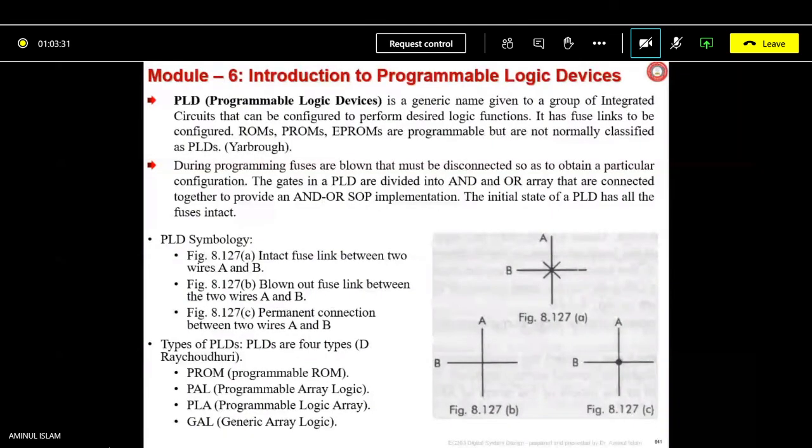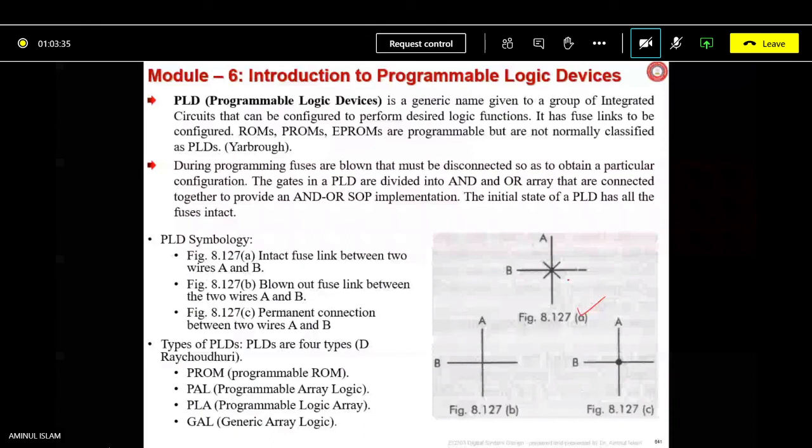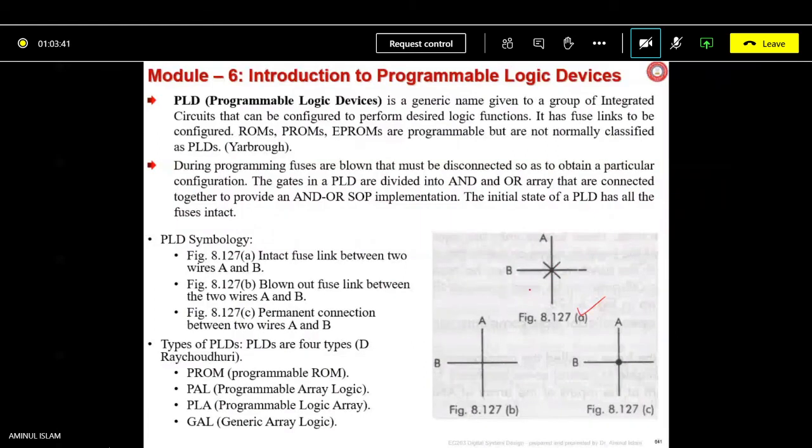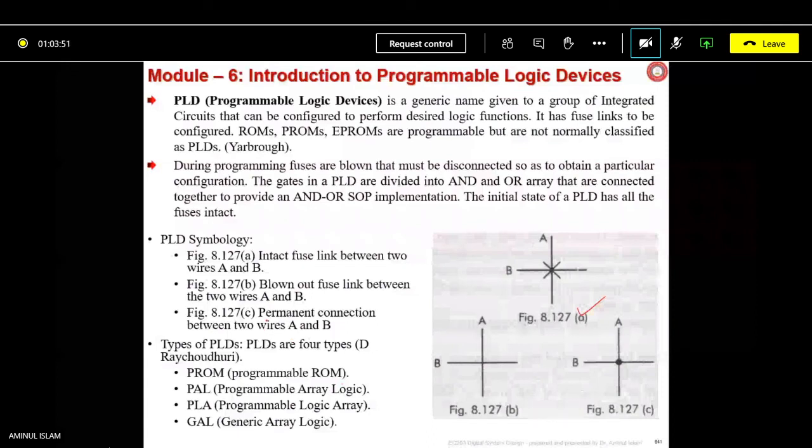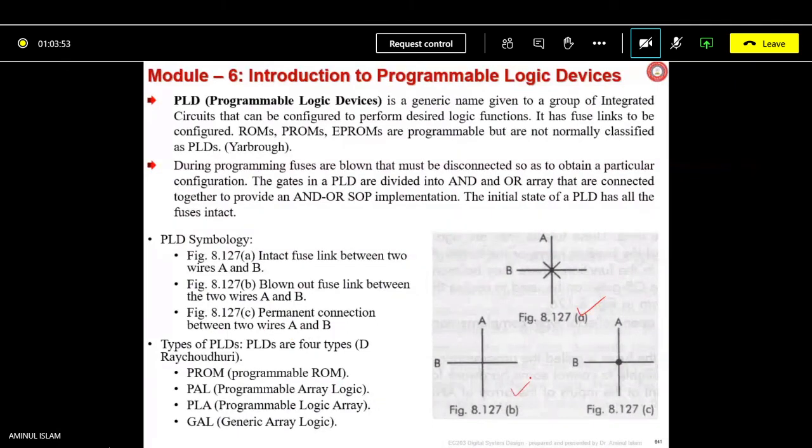In this diagram, diagram A is showing a cross on the junction. It is indicating that the fuse link is there. It is not fused, it is still intact. And B is telling that the fuse which was placed during fabrication is no more there.